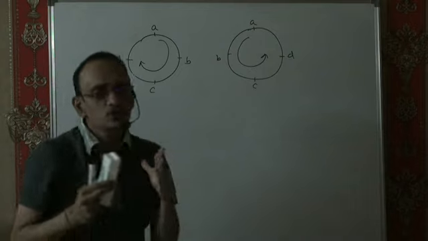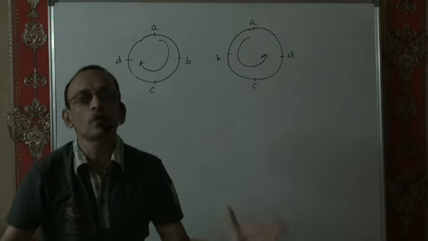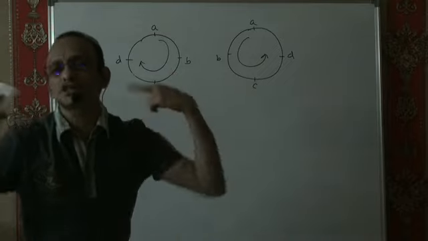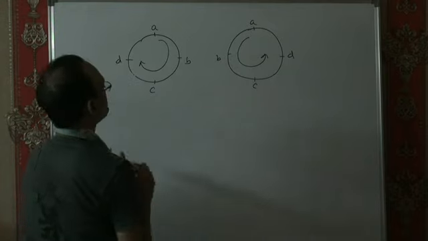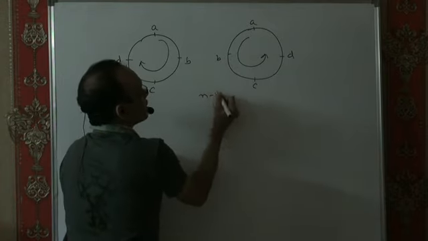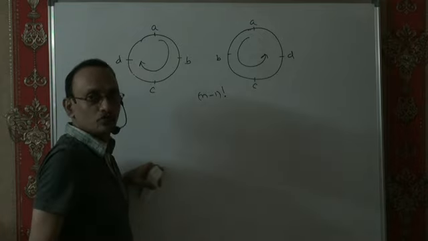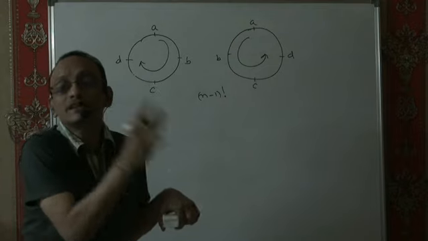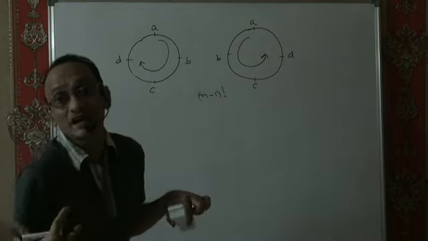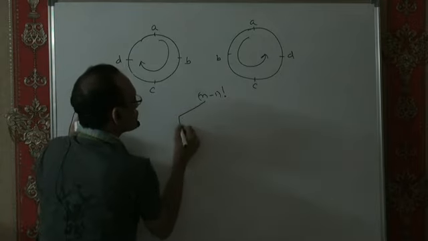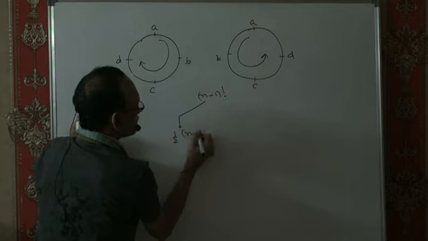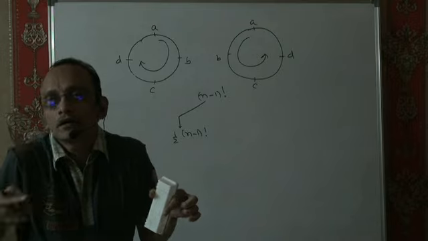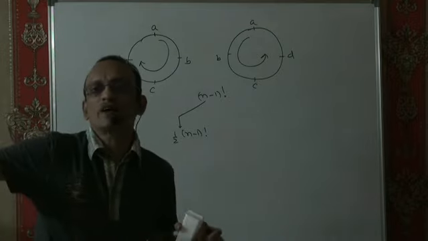Which means if anti-clockwise and clockwise arrangements were indistinguishable, they are the same, it depends on the situation, like it happens in a garland, then the n minus 1 factorial count that I get of arranging n things in a circle, where the clockwise and anti-clockwise arrangements are indistinguishable, is going to be half of n minus 1 factorial only, because I'm going to just look at the clockwise or the anti-clockwise, because they are the same.